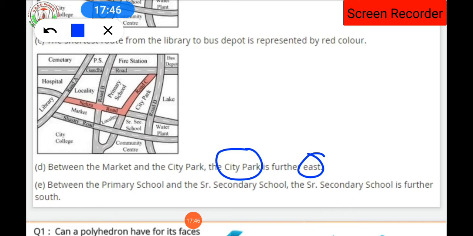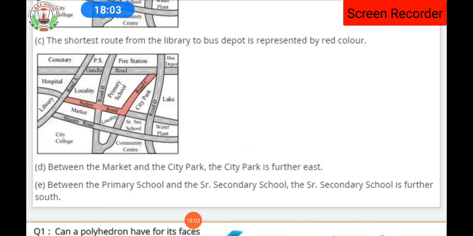Similarly, in the other part of the question it is asked that साउथ डायरेक्शन में प्राइमरी स्कूल है कि सीनियर सेकेंडरी स्कूल है. So between the primary and the senior secondary school, the senior secondary school is further at the south, okay. So these are the answers for exercise 10.2 which you have to do in your book. Then question number 2, 3 and 4, no need of doing that because it is asked to prepare a project, okay.